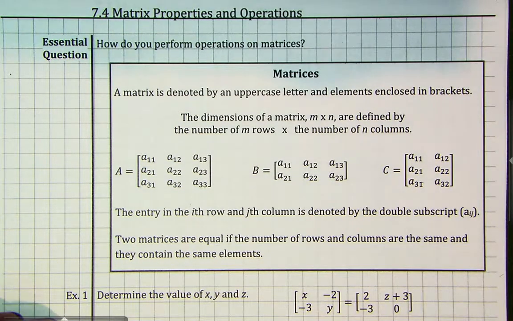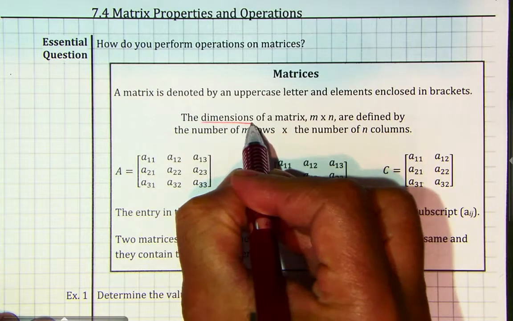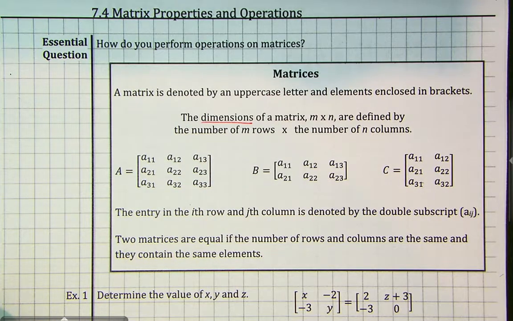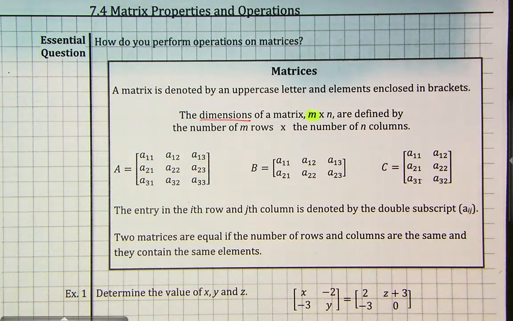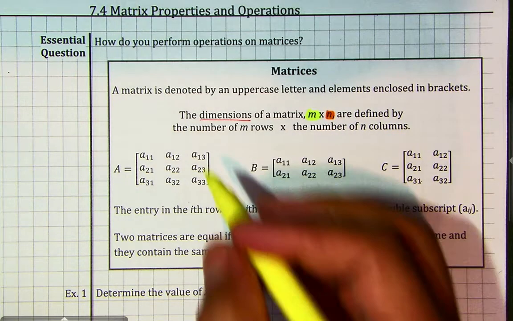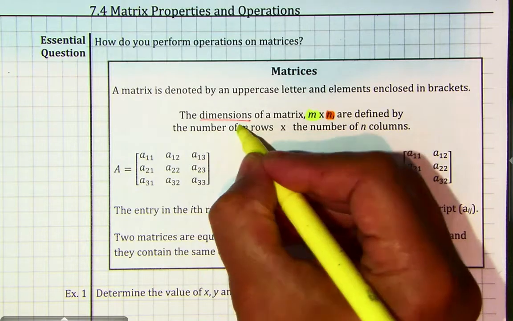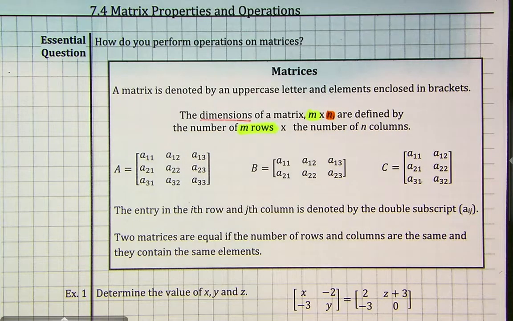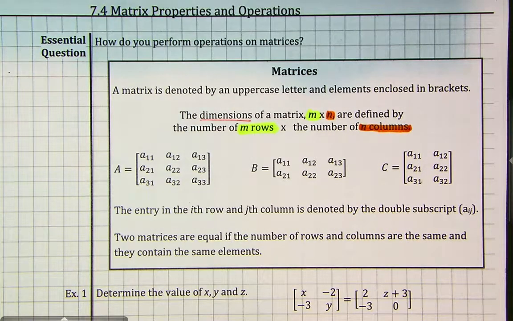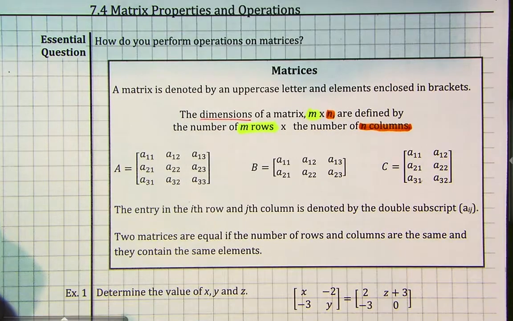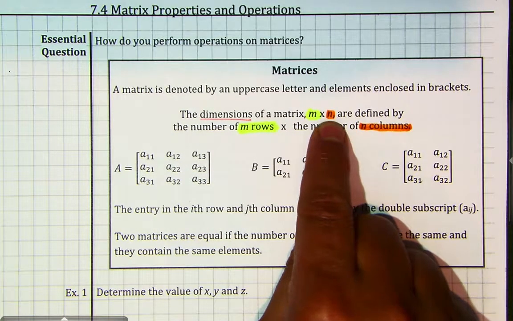So the dimension is going to be two numbers where m times n are defined by the number of rows, which is the letter m, and the number of columns will be n. So therefore, this is the rows and that is the column.